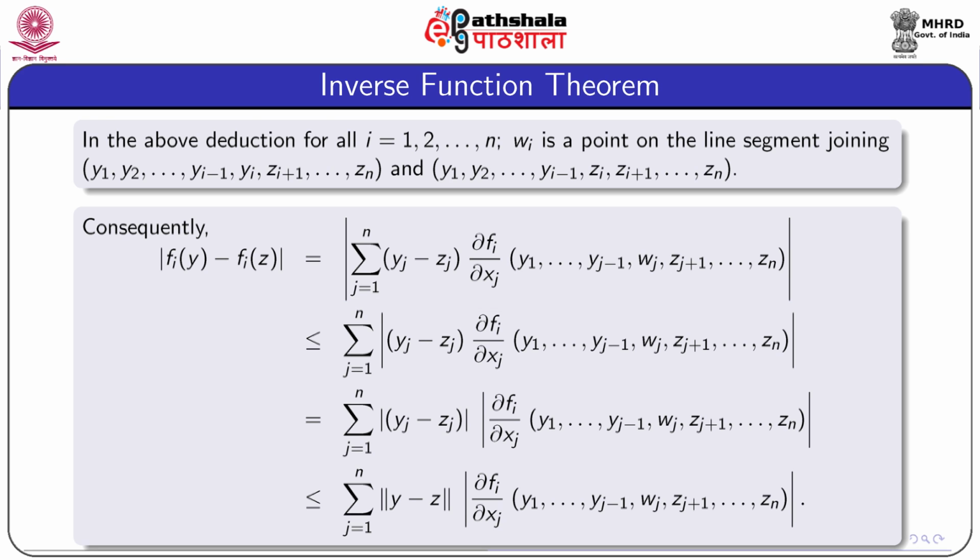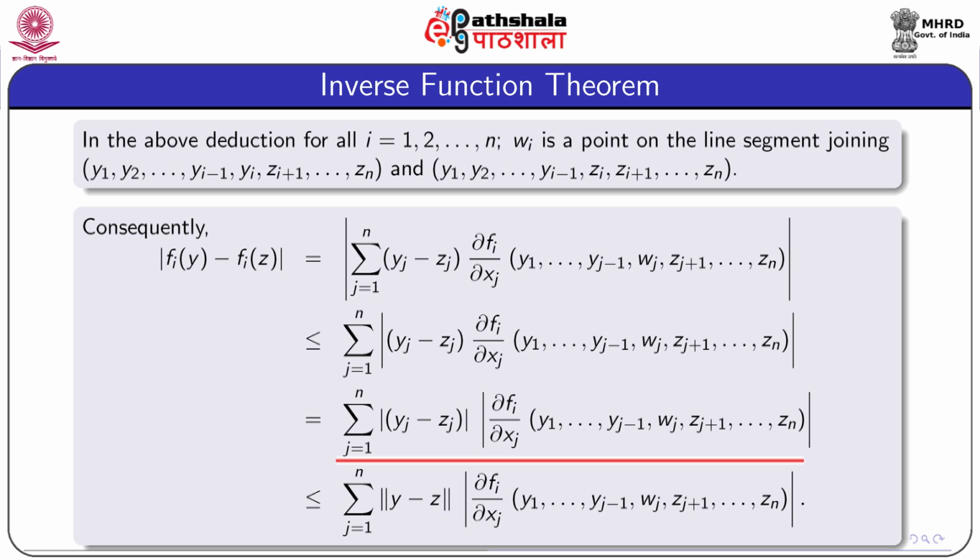We use the triangle inequality repeatedly. So, this quantity is less than or equal to the summation, j equal to 1 to n, of modulus of (yj minus zj) del Fi/del xj (y1, ..., yj-1, wj, zj+1, ..., zn).